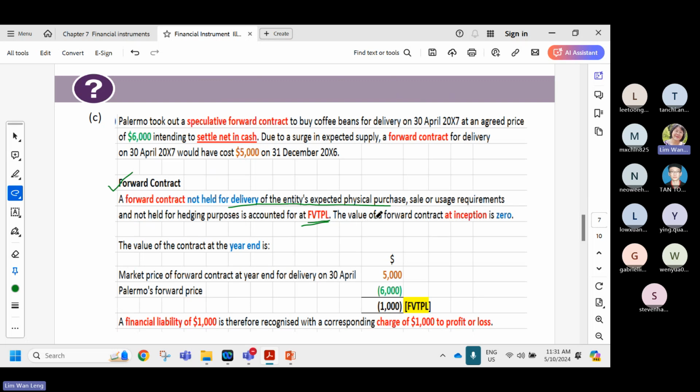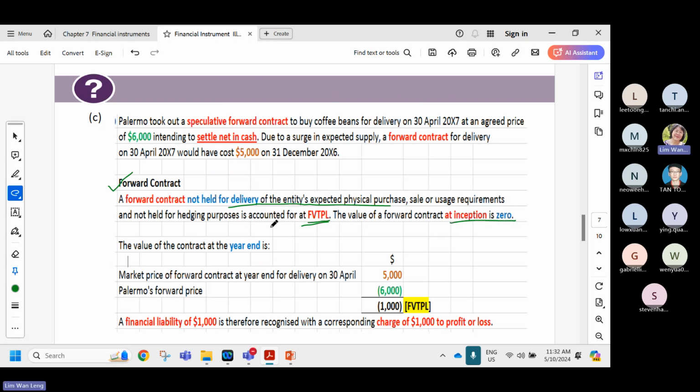Then the value of the forward contract at inception is 0. Because remember, forward contracts are part of the derivative contracts, and derivative contracts can be entered into without any initial outflow. So no need to pay anything. Just sign a contract to enter into the forward contract will do. Inception is 0.